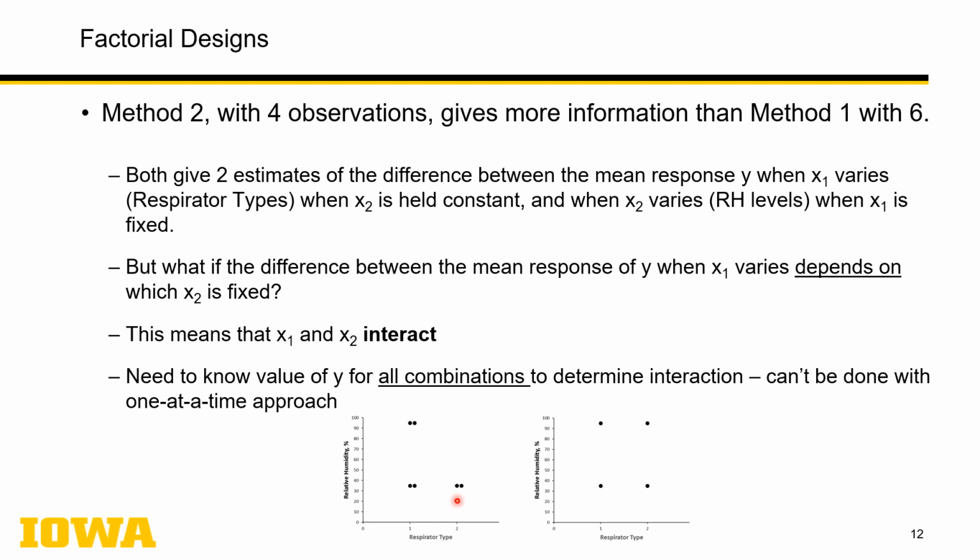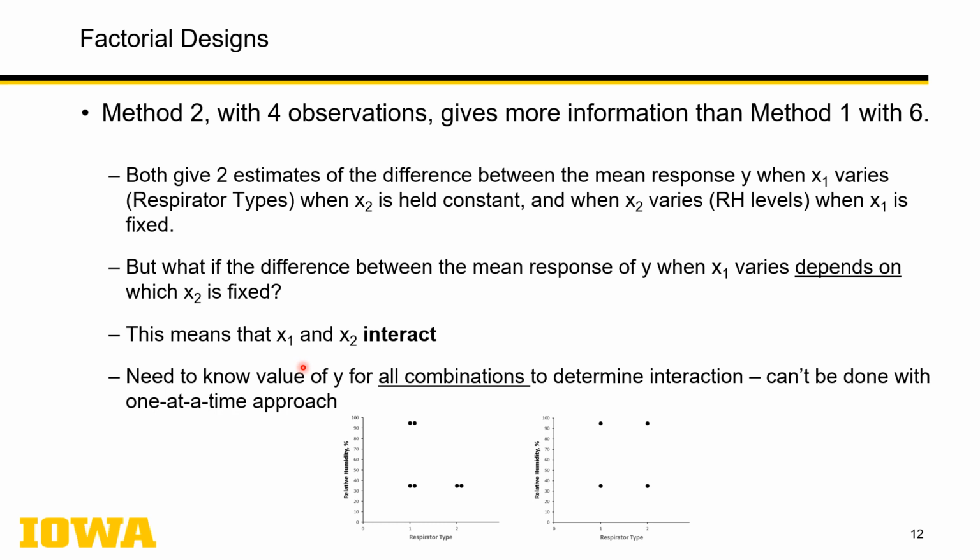The problem here is, what if the difference between the mean response of y when x1 varies depends on which x2 is fixed? This is what is known as interaction. It means that when you adjust x1, it changes the way x2 affects the response. That makes sense. The level of x1 will change the way x2 affects the response.